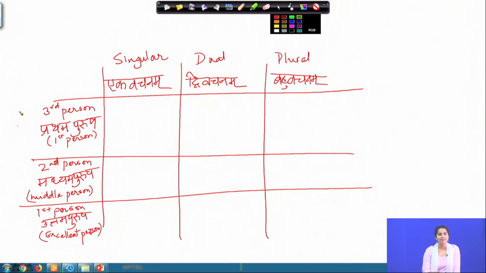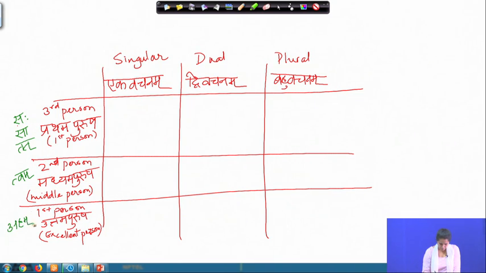So when we have the third person, we also have the pronouns that we have already looked at, saha in the masculine, sa in the feminine, and tat in the neuter. And in the second person we've looked at the tvam, and in the first person we've looked at the aham, right? So now let's look at what happens in the verb.